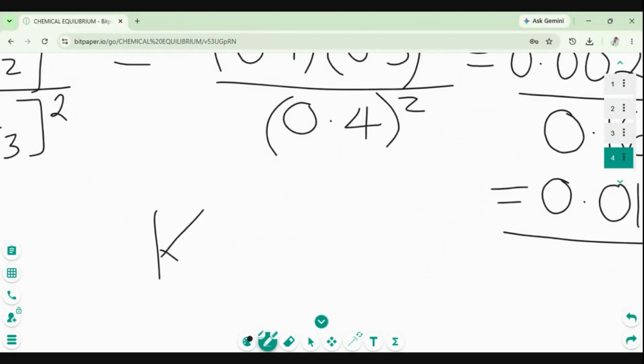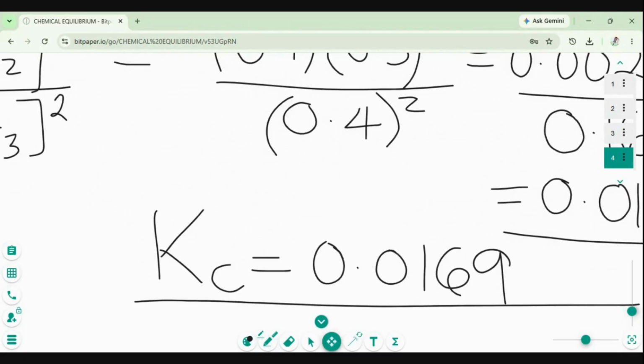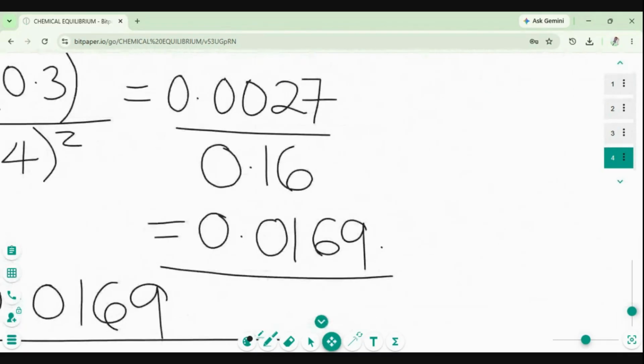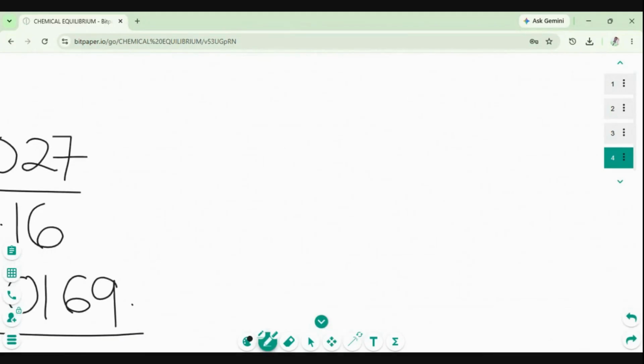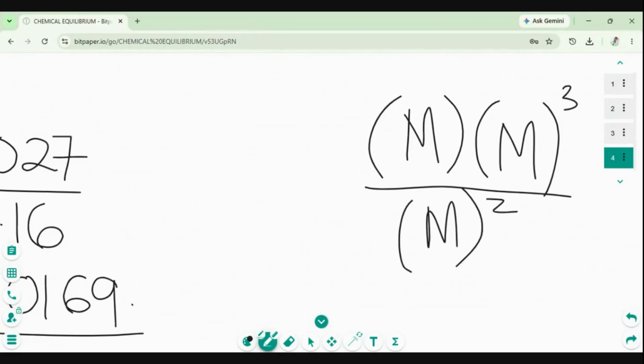So Kc is equal to 0.0169 together with the units. What are the units? This time it was molar for nitrogen, and then the molar for hydrogen cubed over the molar for ammonia squared. So this is nitrogen, this is hydrogen, this is ammonia.